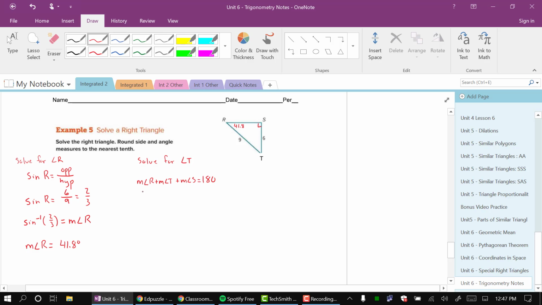R we just found is 41.8, T is our unknown, S is 90, equals 180 degrees. So add these and subtract them from both sides. That gives me measure of angle T equals 48.2 degrees. So now I have measure of angle T, 48.2, and I have measure of angle R.